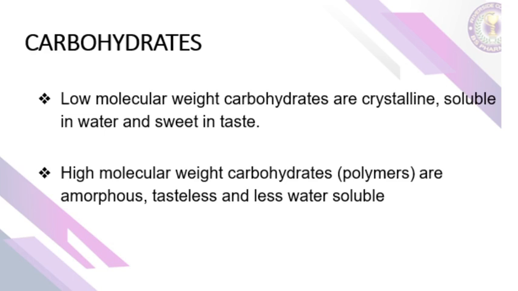Examples of low molecular weight would be our normal table sugar or sucrose, and glucose, and for the high molecular weights, these are our starches. So these are your potato starches or different kinds of flour. As you can see, it is amorphous, flour type, powder type, and when you taste it, it doesn't taste sweet. And when you dissolve them in water, if it is too saturated, it becomes less soluble, compared to our normal table sugar.